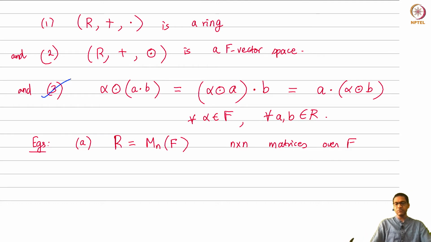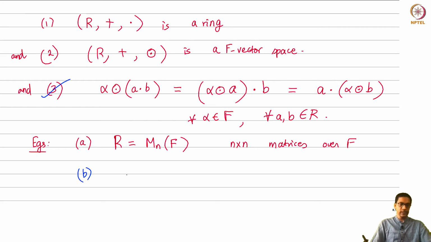This axiom is definitely true, because it says that if you take a product of two matrices and then multiply by a scalar on the outside, it's the same as multiplying the first matrix by that scalar and then multiplying the two matrices together, or multiplying the second matrix by the scalar and multiplying it by the first one. This is a well-known property for scaling and multiplication of matrices.